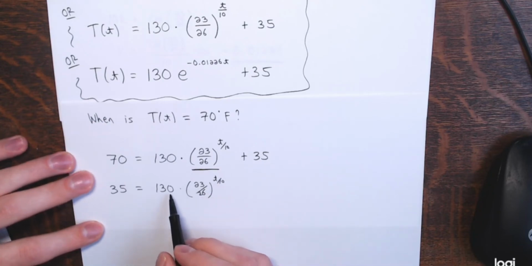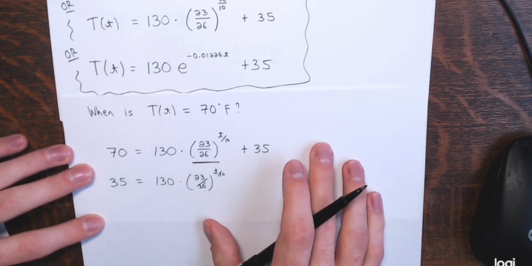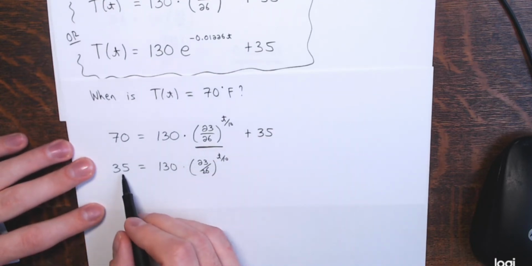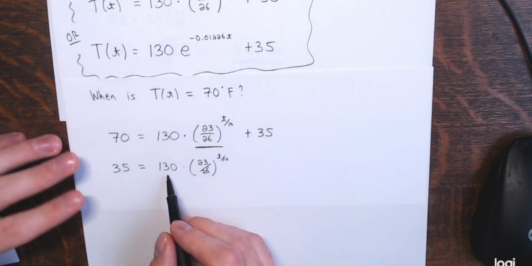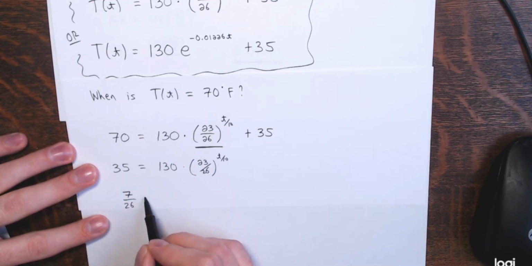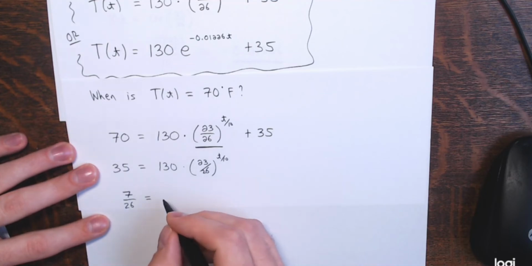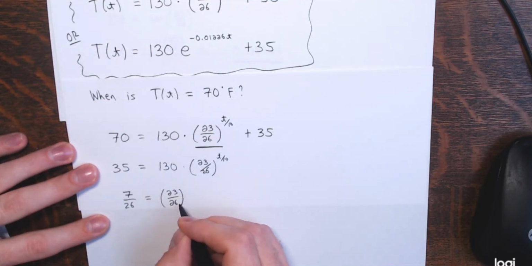Divide by 130. Now 35 is 5 times 7. 130 is 5 times 26, so this would reduce to 7 26ths. 35 divided by 130 would be 7 26ths equals 23 26ths to the t divided by 10 power.